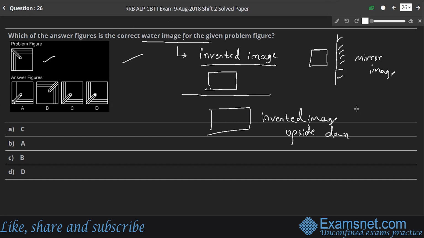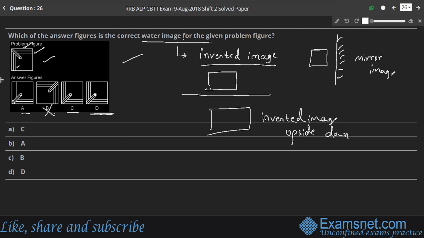Therefore, here the problem figure is like this. In its inverted image, these three lines will be to the bottom side. In options A, C, and D, we have bottom three lines, so no need to consider option B. Also these three vertical lines will be as it is.